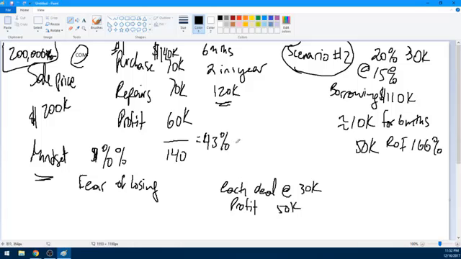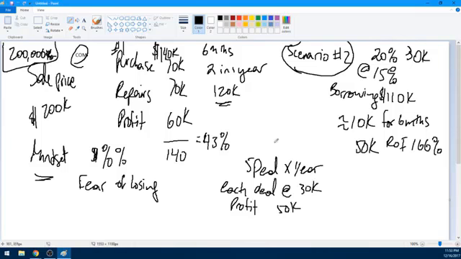Right. So out of the 140,000, you have 5 transactions that you can perform. Let's just borrow an extra $10,000 from your 200, and now you can do 5 deals, conservatively. So now instead of 2 deals a year, you are at 5 deals per year.